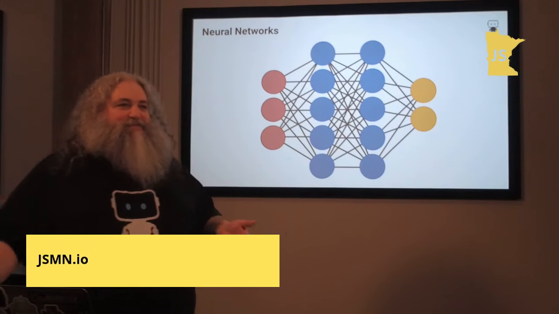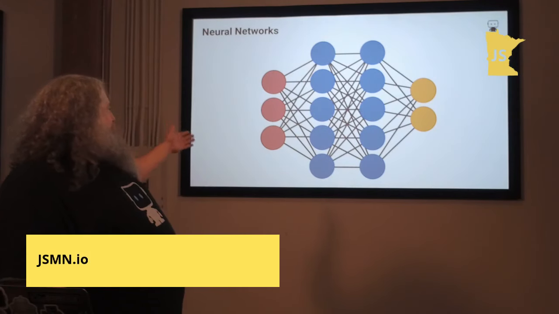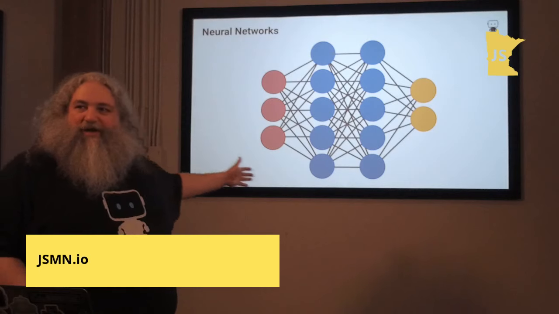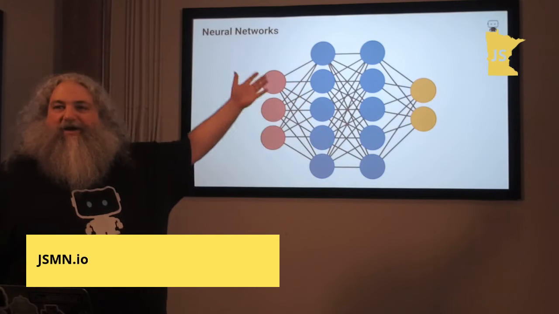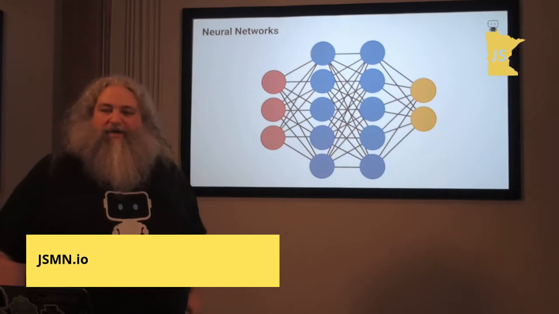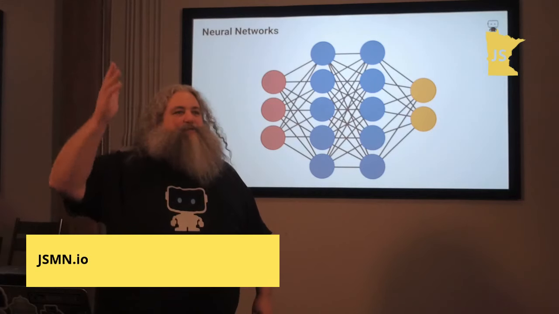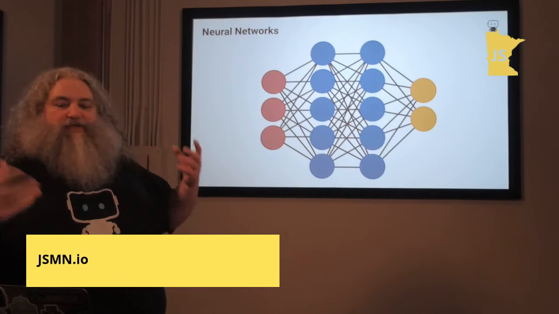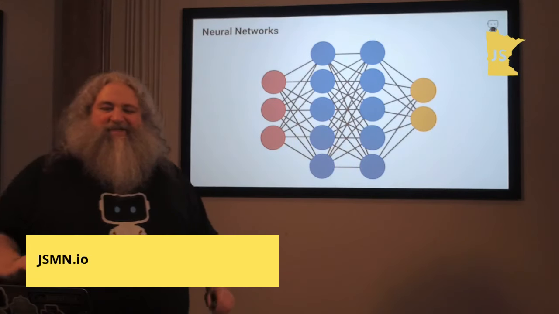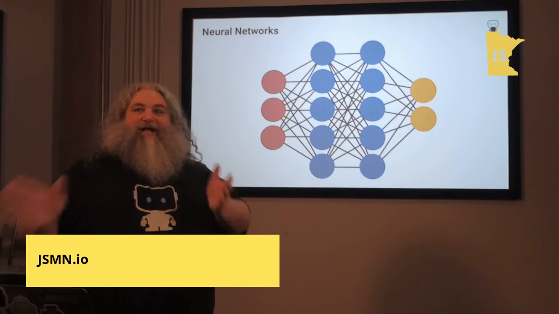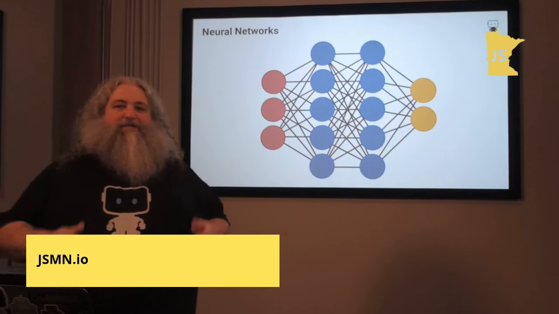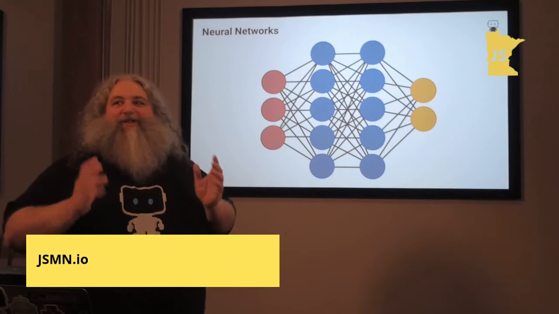Deep learning is called deep learning because you've got these neural networks. See here in the red, we've got an input layer, and in the yellow, we have our output layer. In this case, we have two outputs. Then we have these hidden layers between them of neurons connected together. Math, numbers flow through them. And if you have lots of hidden layers, your network is deep, as opposed to shallow.